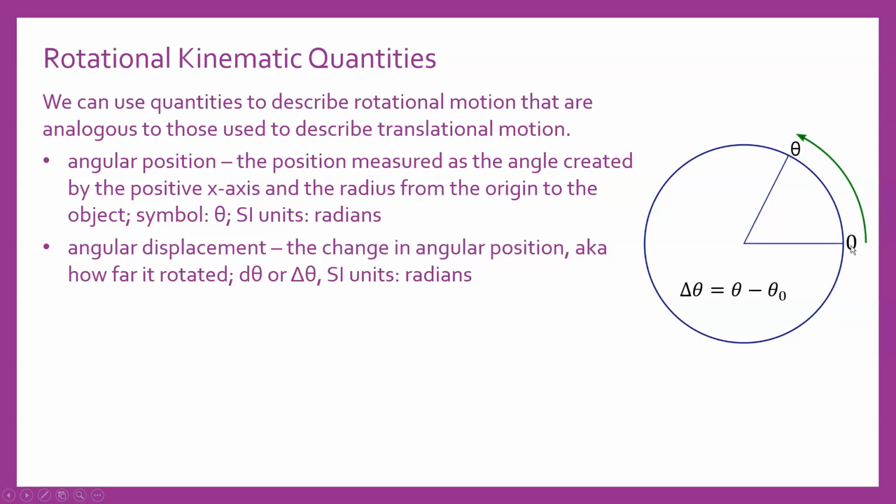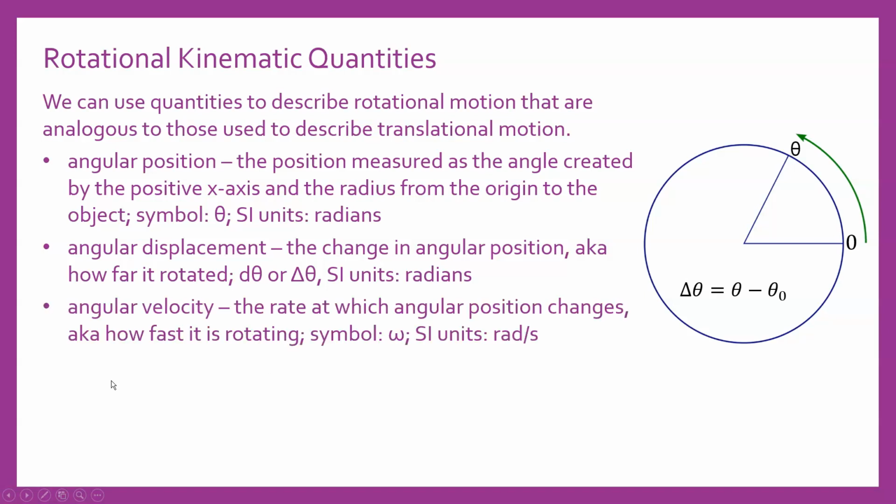In this example, theta sub naught would be 0 because the rotation started at the positive x-axis. Next, we have angular velocity. That's the rate at which the angular position changes, or we'd also say this is how fast the object's rotating or spinning. Its symbol is the Greek letter omega, and its SI units are radians per second. We calculate omega as d theta dt.